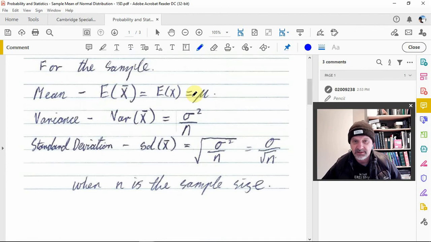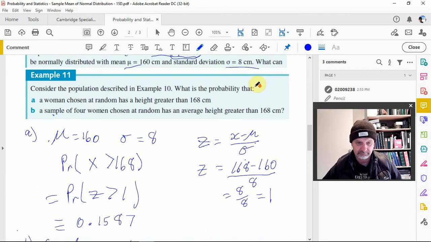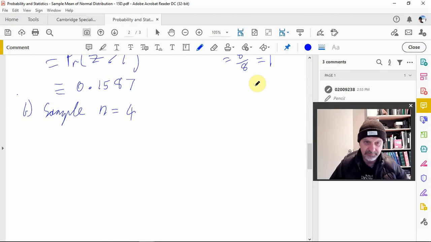The mean is the same for each. Our mean, the expectation value of our sample, is the same as that of our population. And so that is 160.